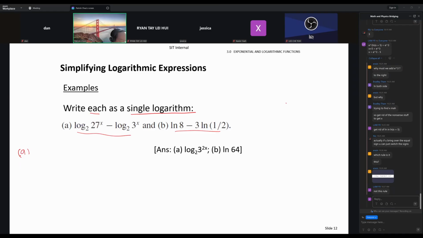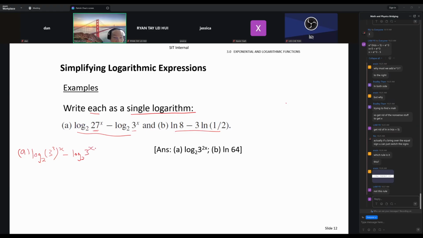We're going to use the rules. 27 is actually 3 to the power of 3. We'll try to make these numbers the same. So it'll be log to base 2 of 3 cubed to the power of x, minus log to base 2 of 3 to the power of x.